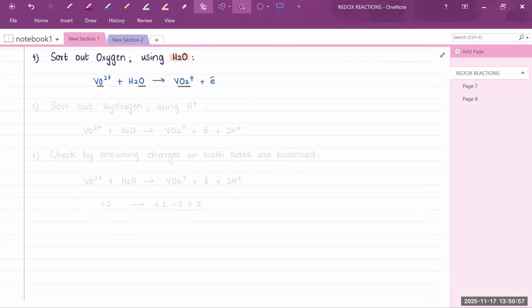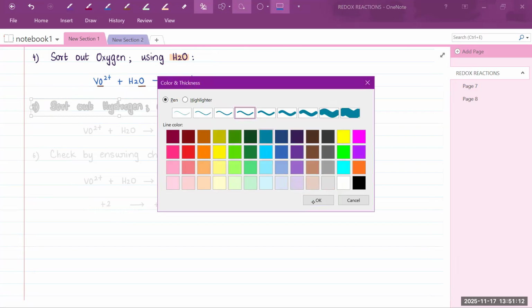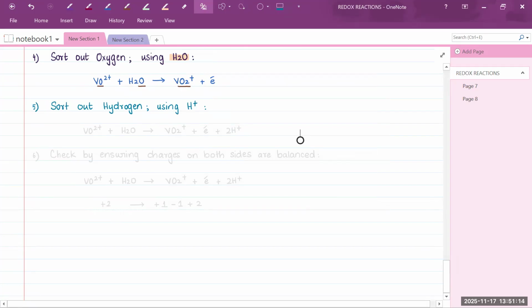Moving on, now we can see we have two hydrogen here and we have no hydrogen on the product side. So we'll have to balance that out as well. For sorting out the hydrogen, we use H plus, and that is very simple.